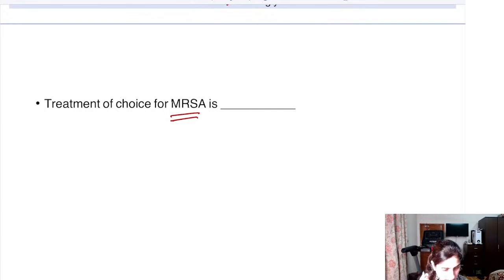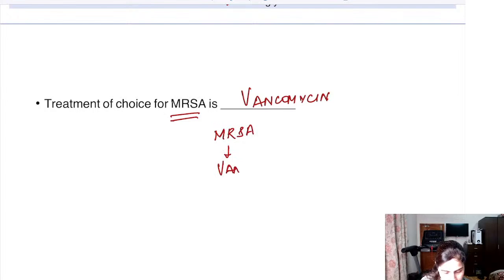Very good, vancomycin. So if it is MRSA, then you give vancomycin.